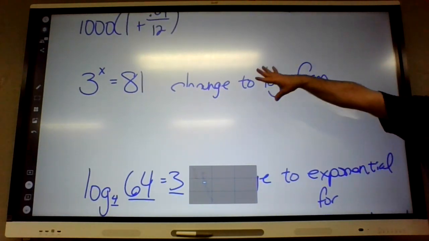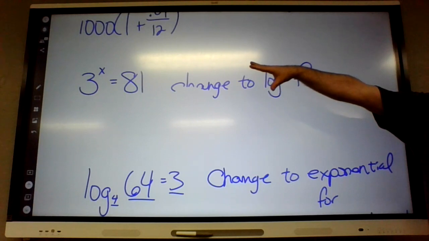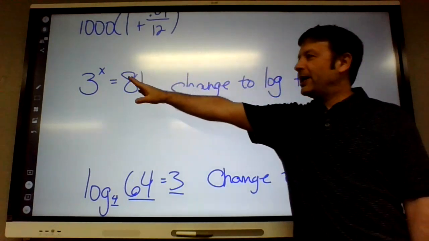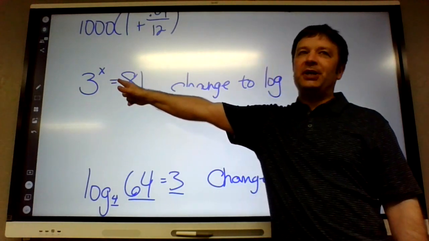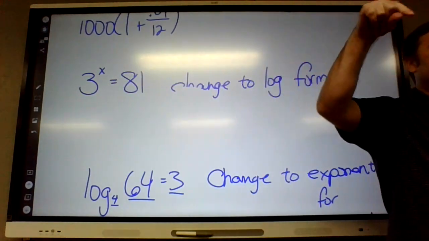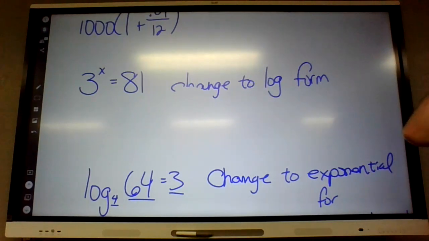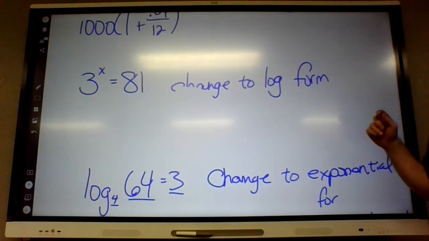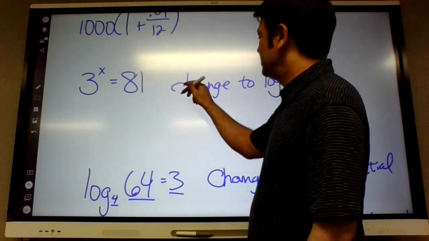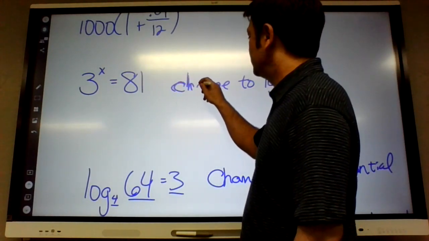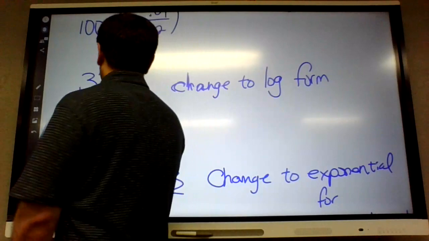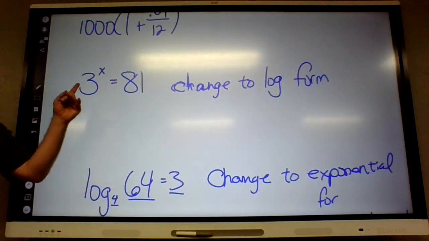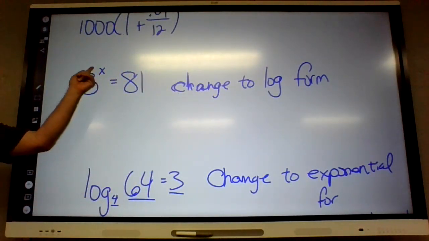All right, this was also the chapter that we did logs. Listen up. So how do we change this exponential equation into a log function? Log of x, a-c-b. By the way, this is what logs are used for. They're used to solve equations where the variable is in the exponent.